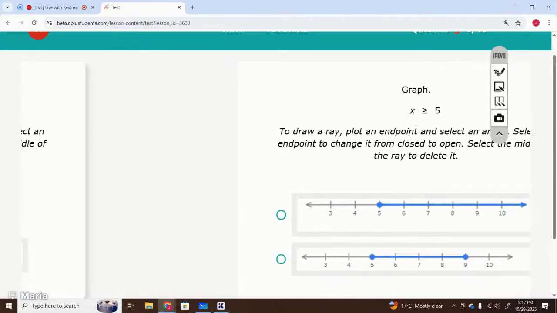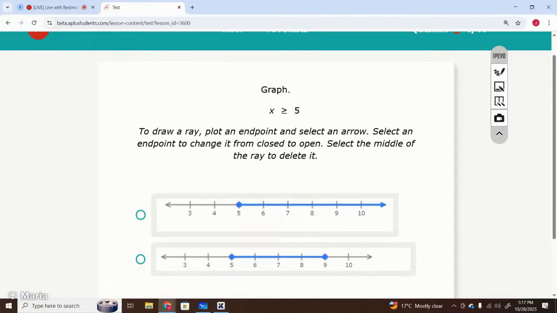So option number 1 is the correct option. X is greater than or equal to 5. So which is the correct option?